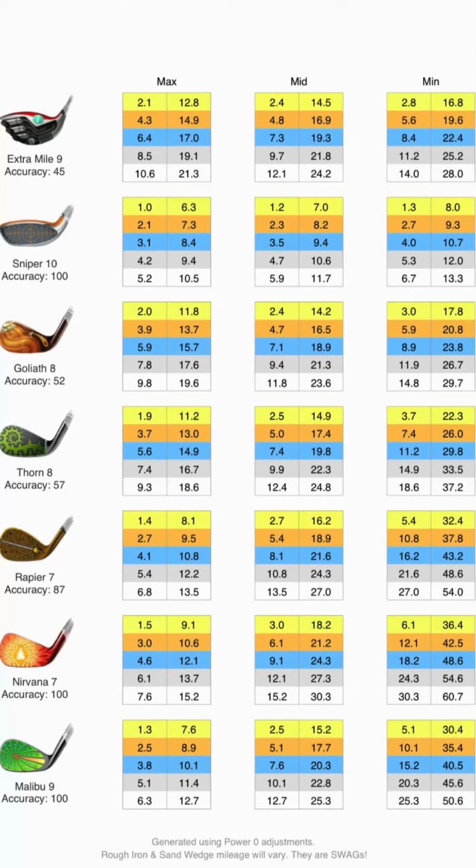But I hope you guys really got the gist of how to get those decimals that you want, and the accuracy of your club, and how 1.0 is 100 accuracy on a club for wind to ring adjustment. 1.0 wind is 1 ring, and say at a club like the Extra Mile, that's almost 50%, at 45% accuracy there, basically 2.0 would be a 1 ring adjustment instead of 1.0, and then a 4.0 would be on the second ring, and so on.